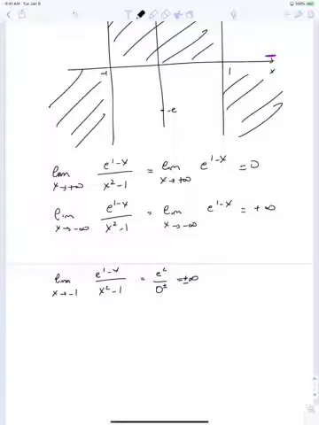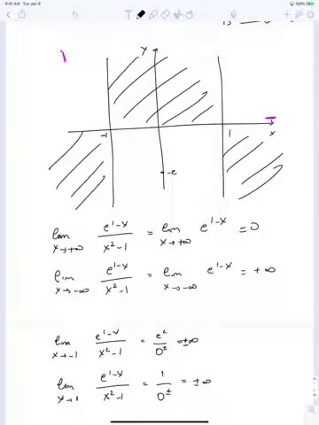And it's actually the same for x that goes to plus 1. This is e power 0, which is 1, divided by 0 plus or minus. So this is going to be plus or minus infinity.